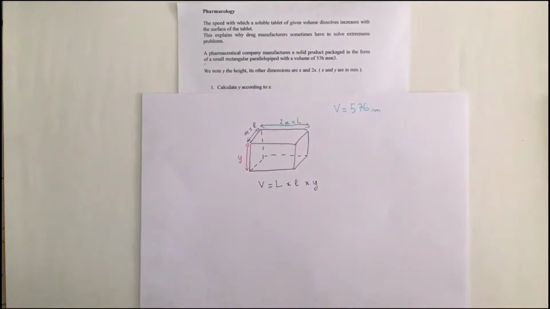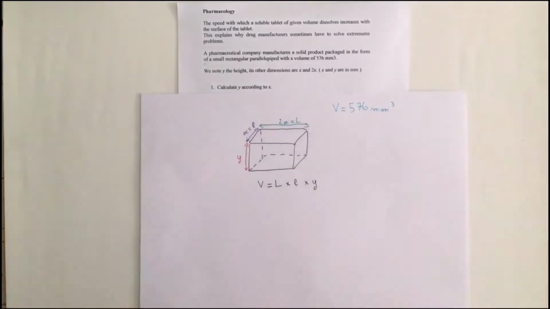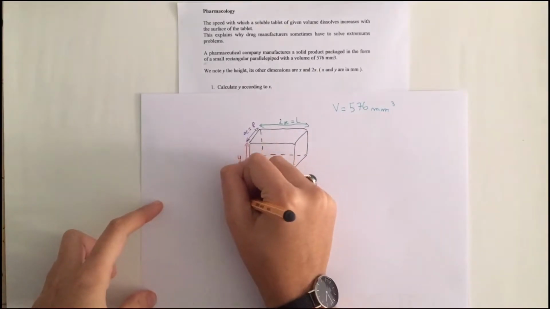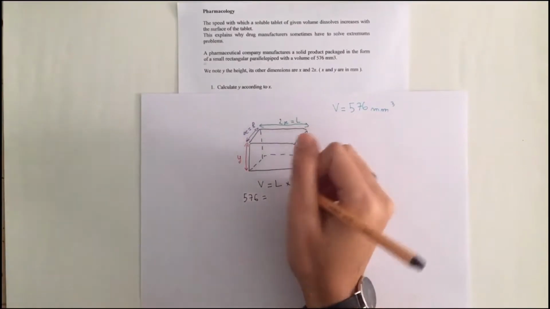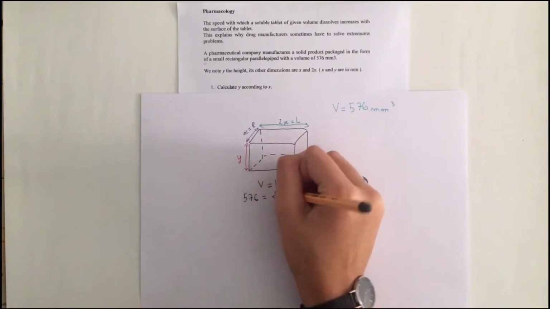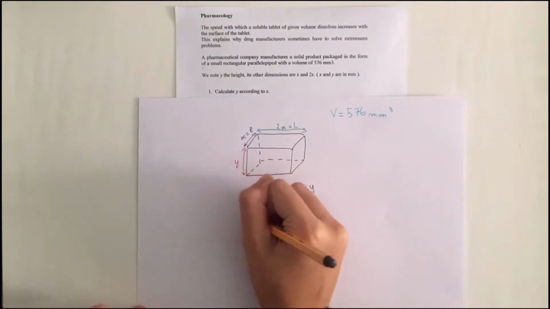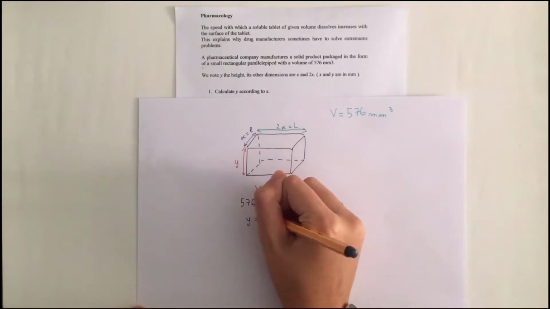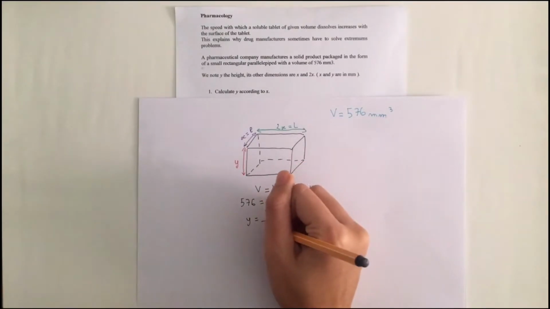And we know that the volume of the parallelepiped is 576 mm³. And so we have the height y, which is equal to 576 over 2x squared.